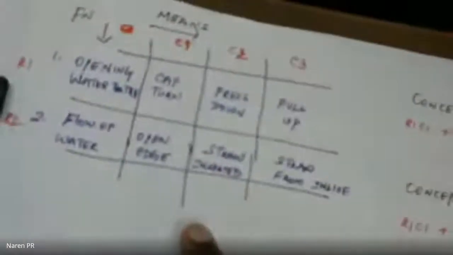But the morphological chart, which I'm now showing here, I think many people have a confusion. Now, if you see here, it is a table structure. Primarily a table structure. You have functions written as rows, and means or ways written on the columns.